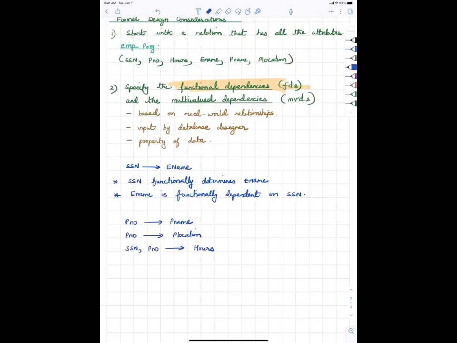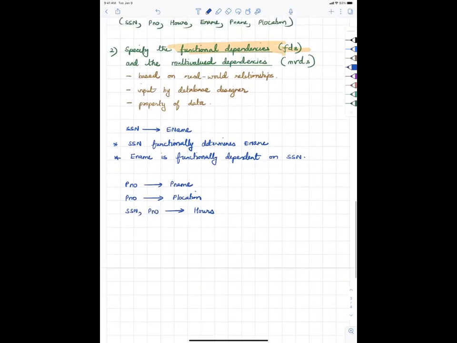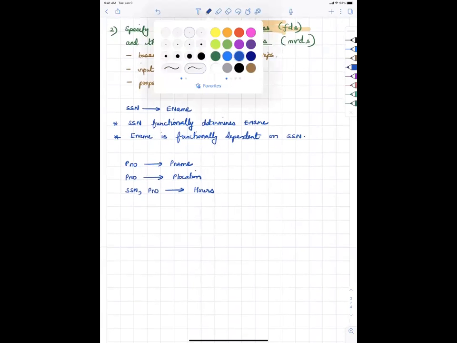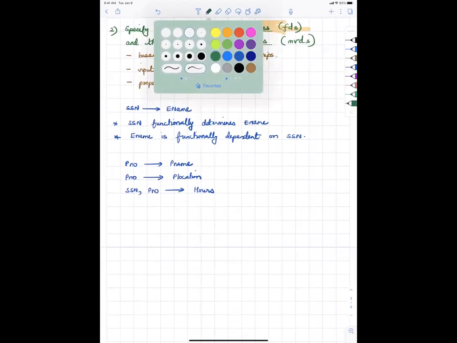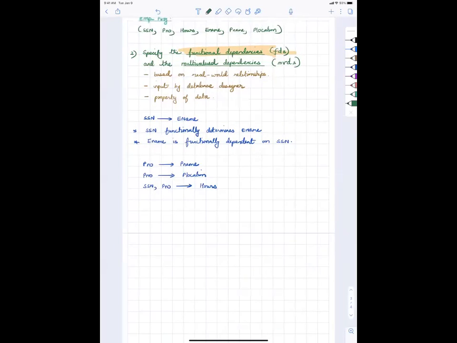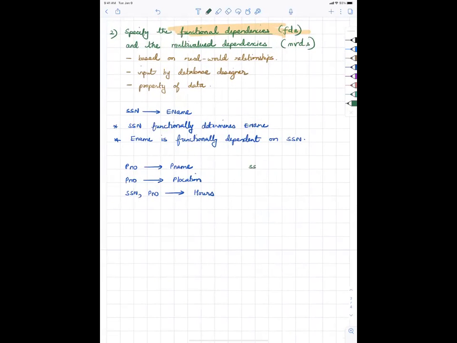Okay, so let me just write down a small bit, and I want to ask you if the data I wrote down is correct. I have social security number and I have e-name, with 1, 2, 3, 4, John, and Mary.